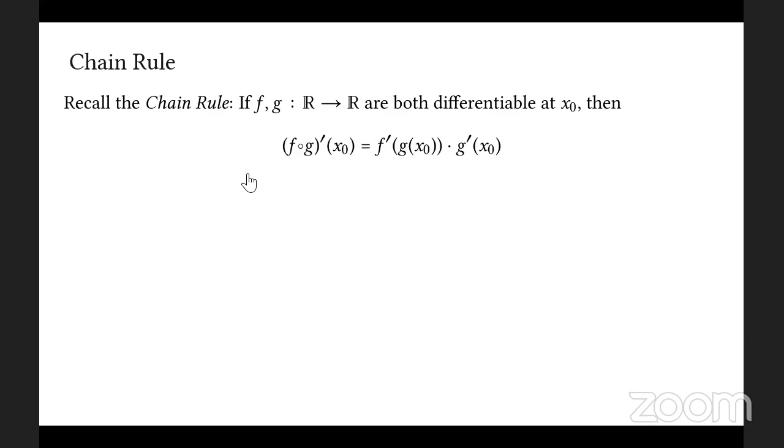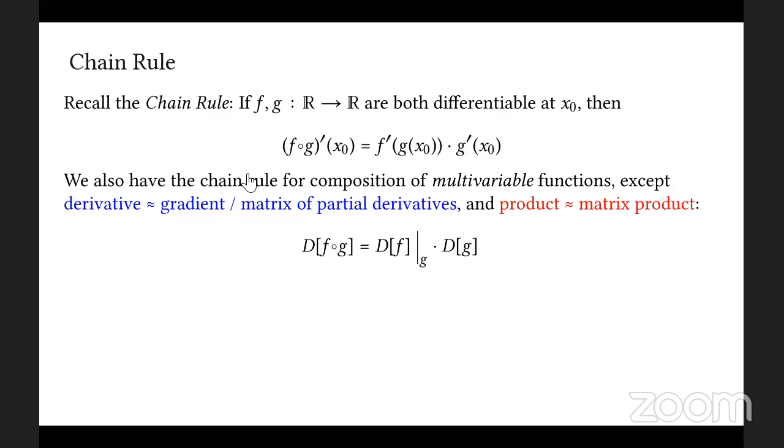That idea of taking the derivative of the outer function, leaving the inside evaluated at whatever point you're at, and multiplying by the derivative of the inner function is the same here, except by derivative we mean gradient or matrix of partial derivatives, and by product we're talking about a matrix product. But it's the same idea.